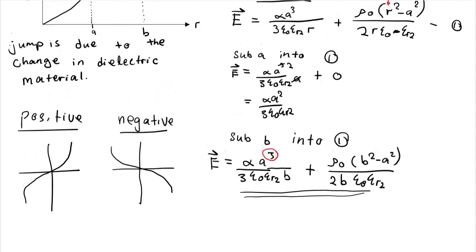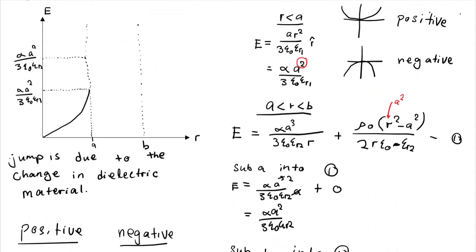So going up here at our plot, since it is positive, we can say the plot goes like so. And this point value here would be whatever we solved below. This point is basically when I sub B into the E field equation between A less than r less than B.